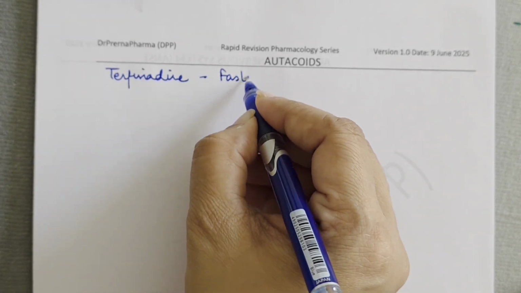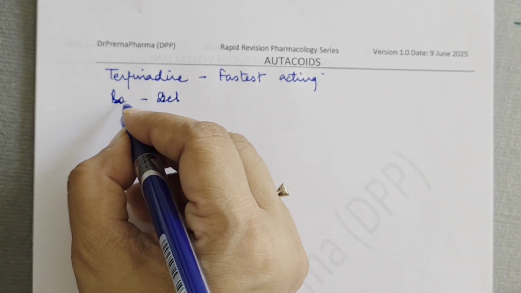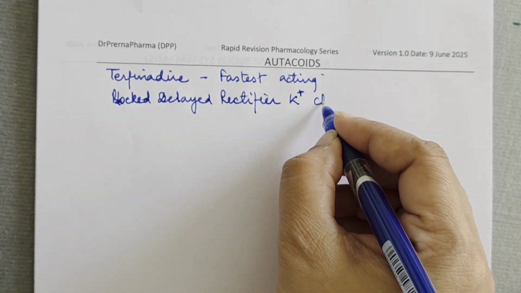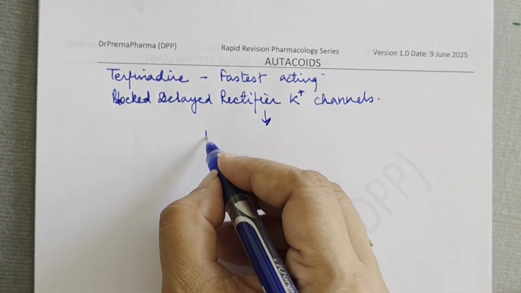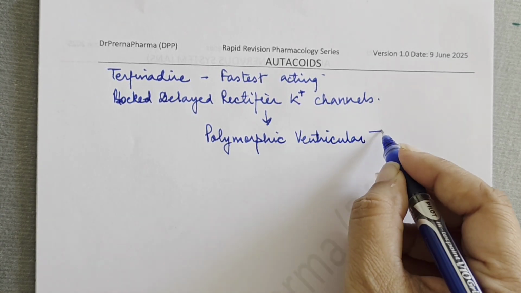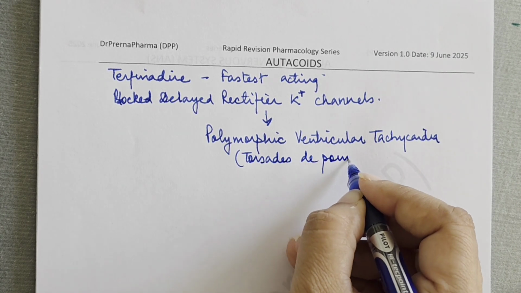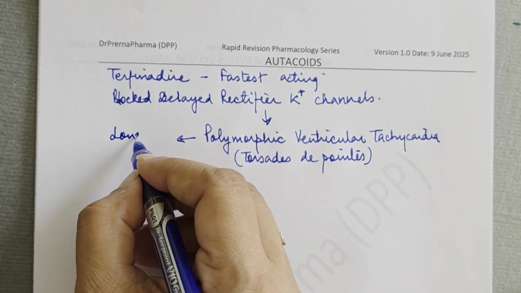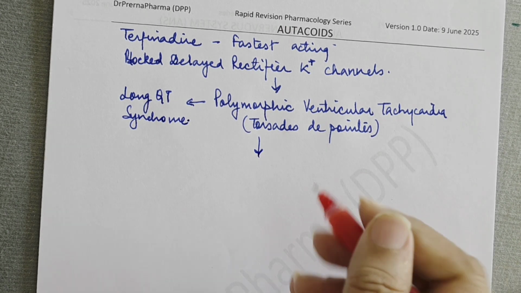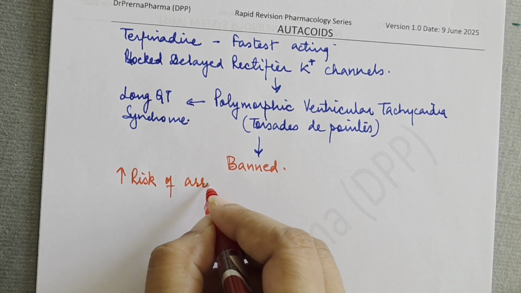Now this terfenadine is the fastest acting antihistaminic, but what it did was it blocked delayed rectifier potassium channels, and as a result it caused polymorphic ventricular tachycardia, which is also called torsades de pointes and also called long QT syndrome. So as a result, terfenadine is banned.